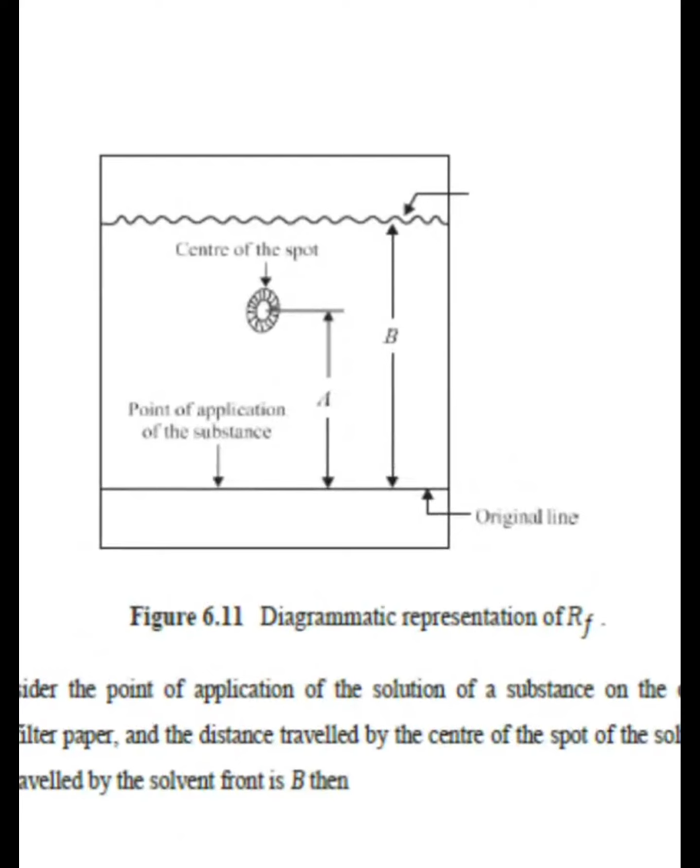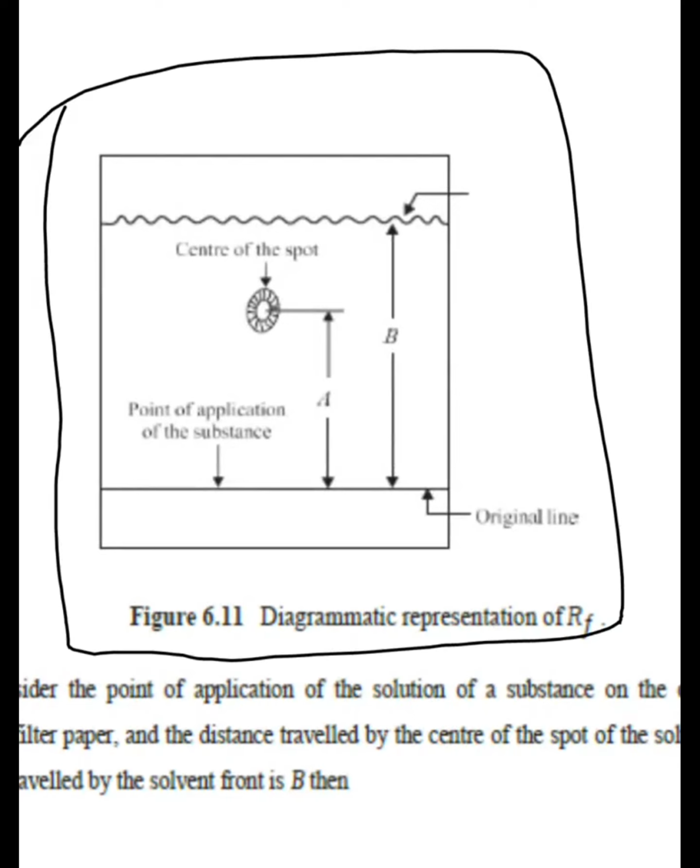So from this plot you are going to see this is the paper chromatography, and here this is the line we are going to draw, and we are going to plot a small drop of compound or a mixture or an eluate. That mixture we are going to plot here, and it is kept inside the beaker.